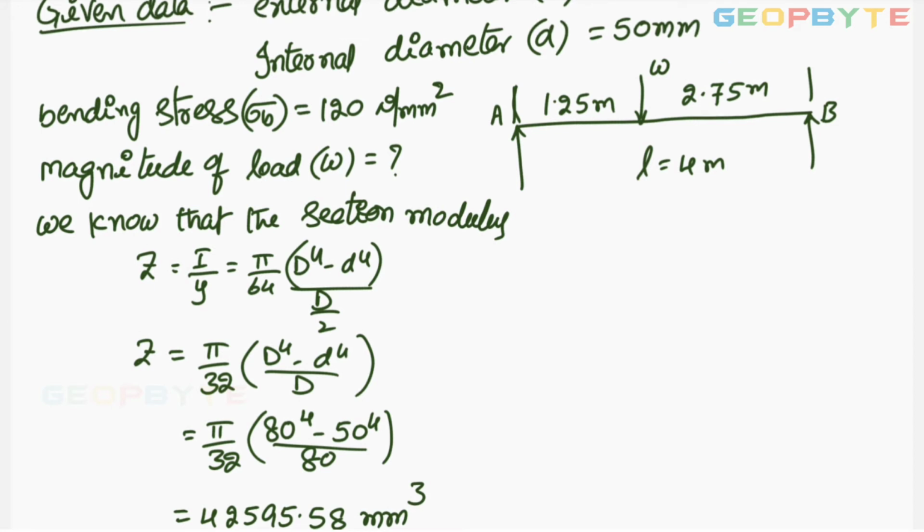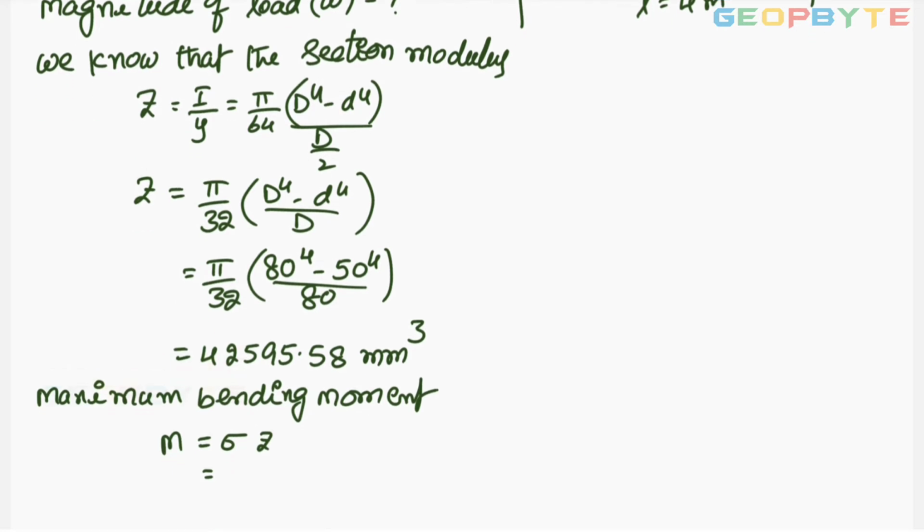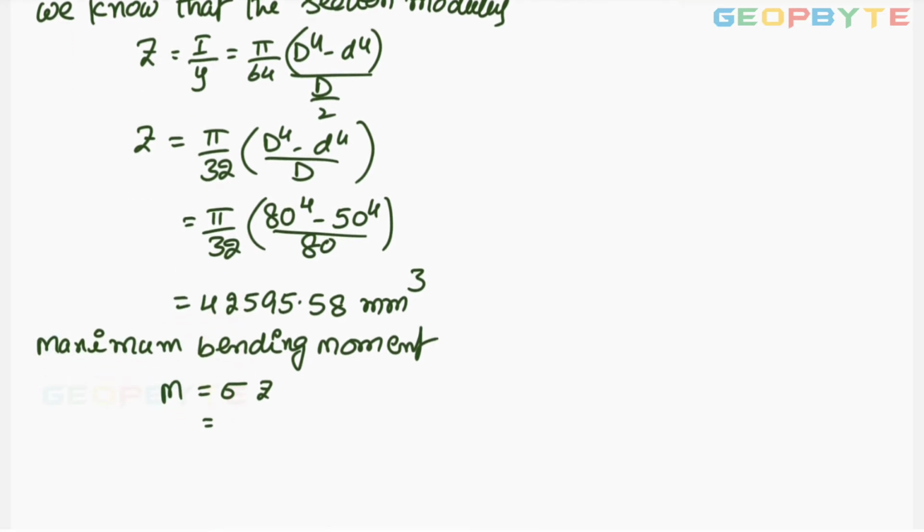Look at the sigma, bending stress, 120 Newton per mm square. So 120 into the Z value, 42595.58. Simplify the value to get the bending moment.